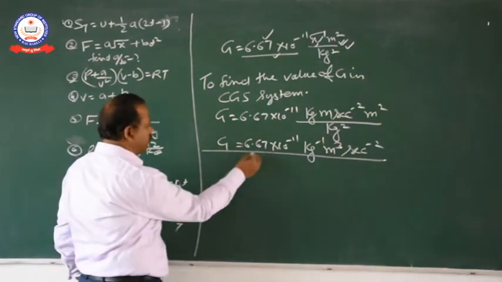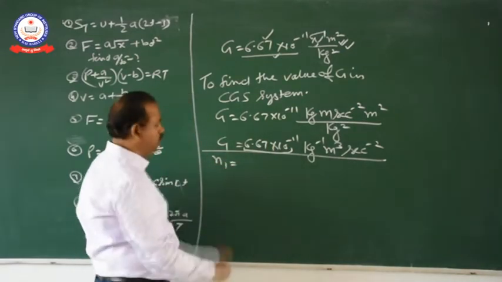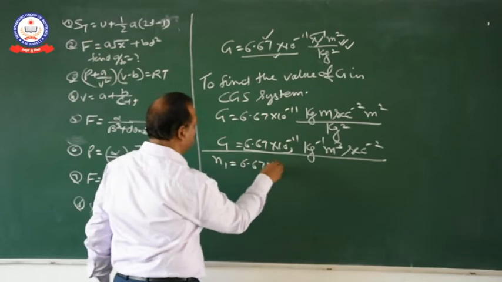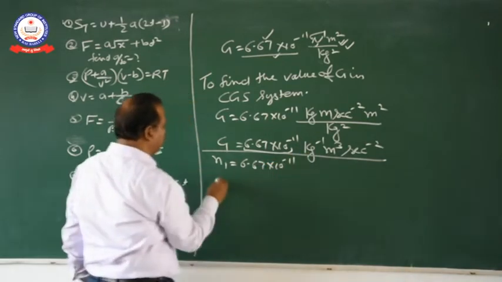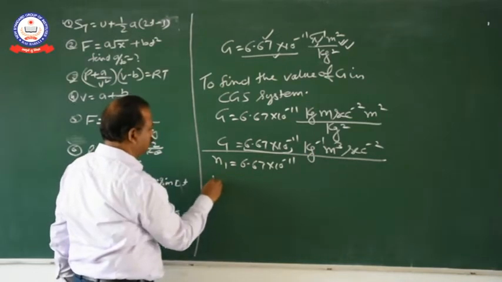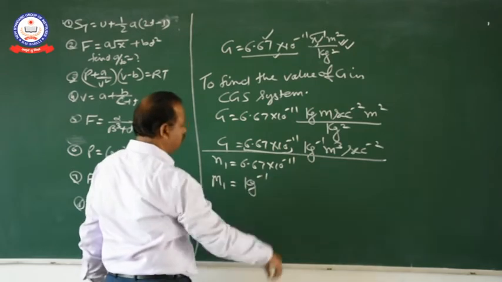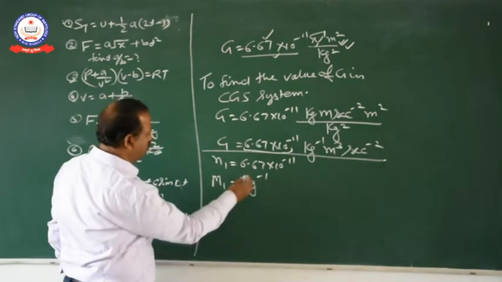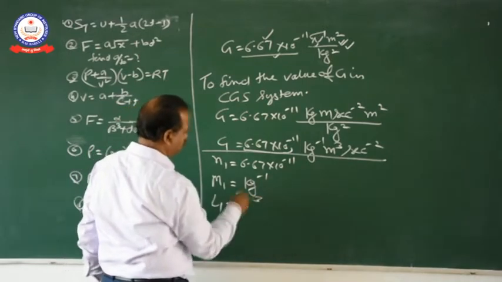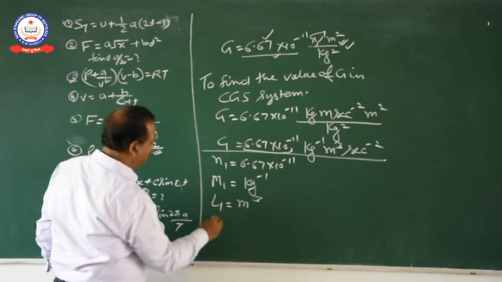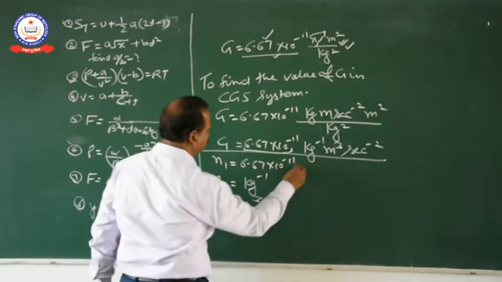Then first you write this numerical value N1 as 6.67 into 10 raised to power minus 11, okay? Mass in kilogram inverse, length in meter cube, and time in second raised to power minus 2.